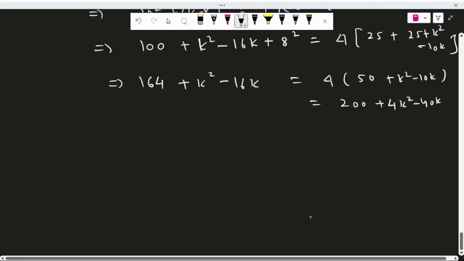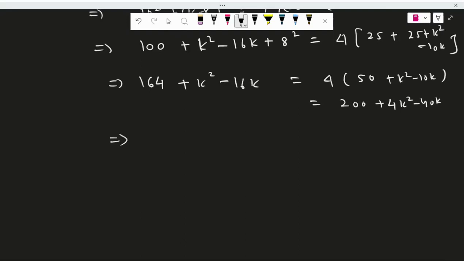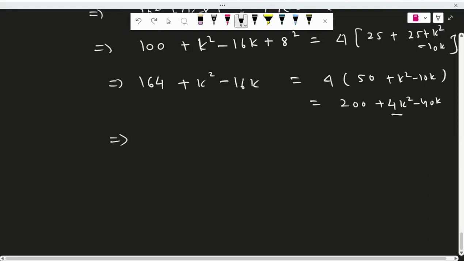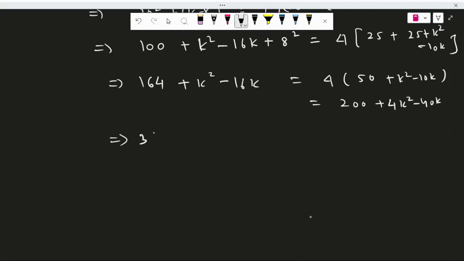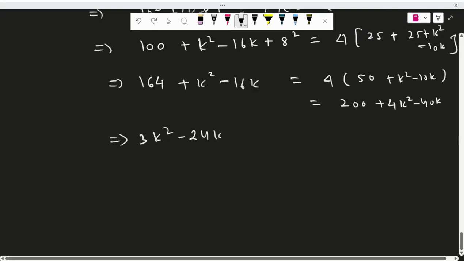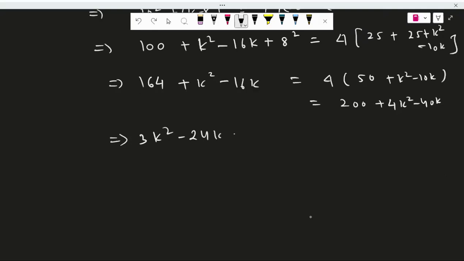So send all terms to the right hand side. We have 4k square minus k square, that is 3k square, and negative 40k plus 16k will be negative 24k. 200 minus 164 becomes positive 36.